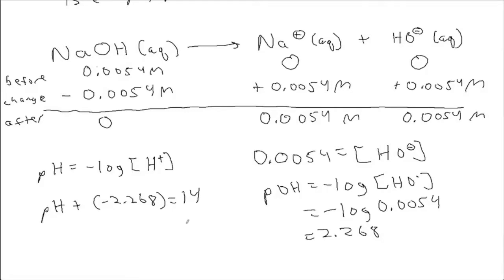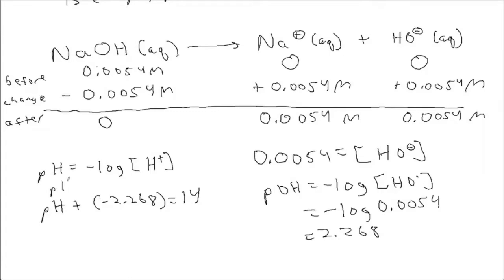Hold on a second. Yeah. Okay. Now, one thing that's always best is to write the general equation before you start plugging in numbers. So before we plug in the 2.268, what's the general equation that you're plugging into here?